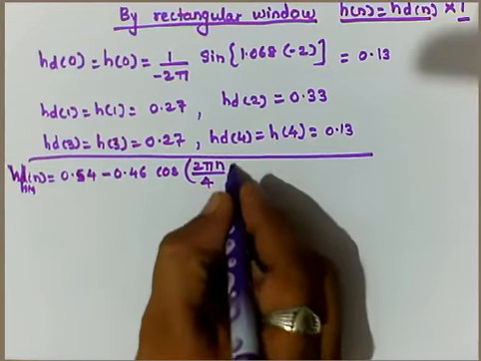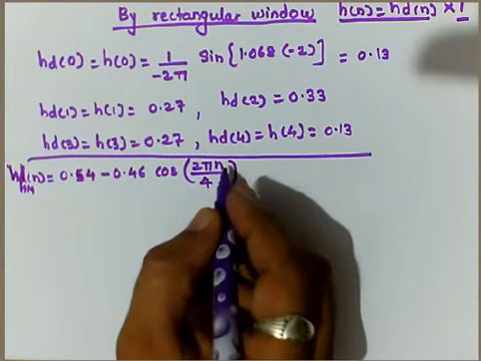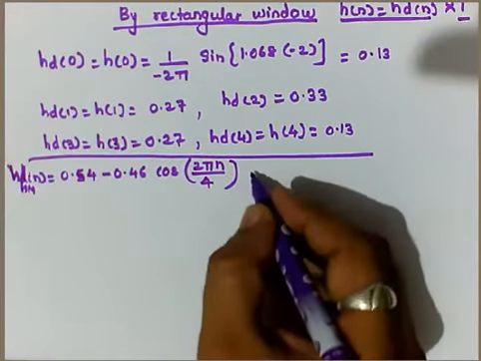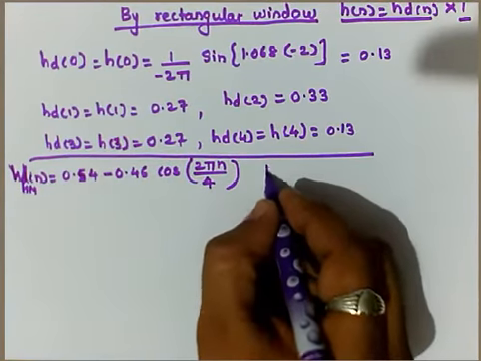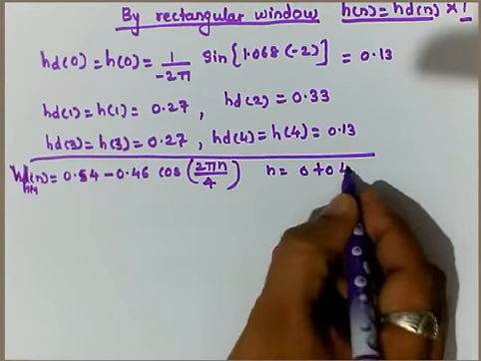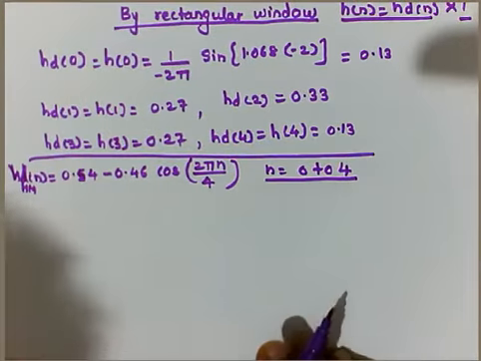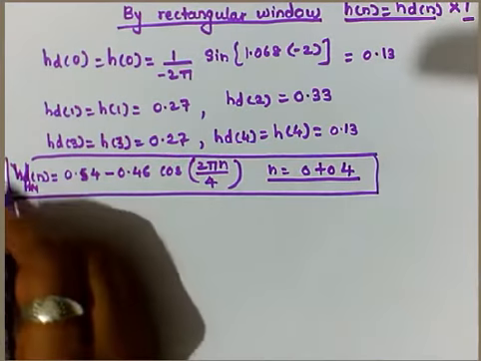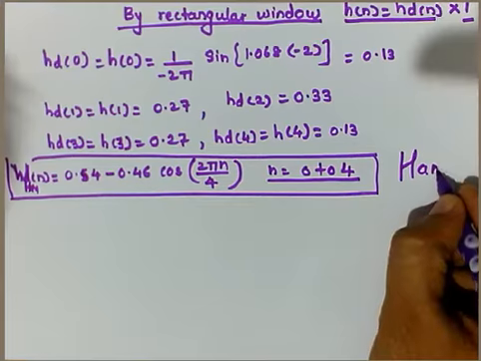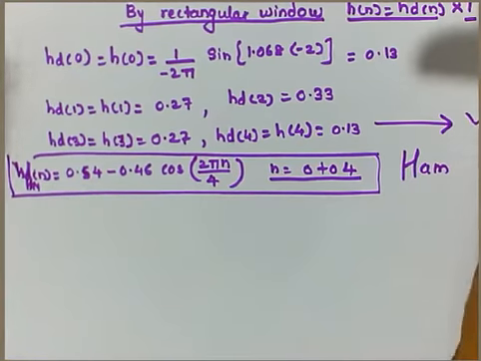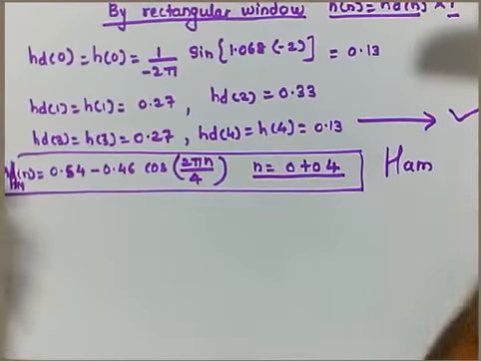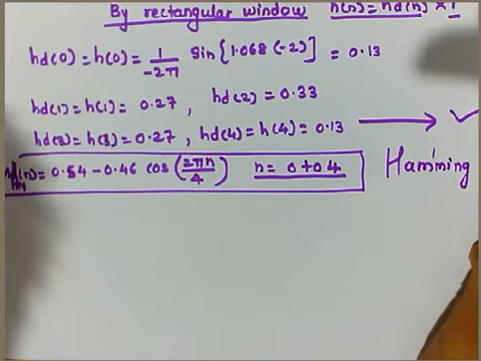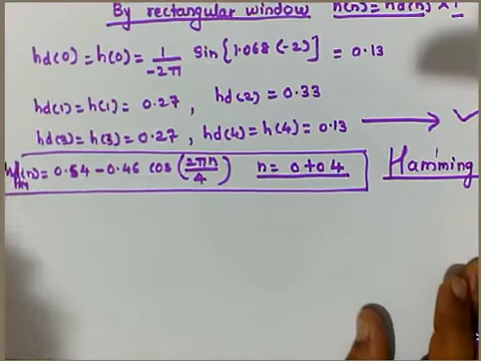Here m is 5, so this gives cos n pi by 2, where n ranges from 0 to 4, that is 0 to m minus 1. Once this window function is written for the Hamming window, we have completed the rectangular window discussion. Now we proceed with the Hamming window and cross-check the filter coefficients.